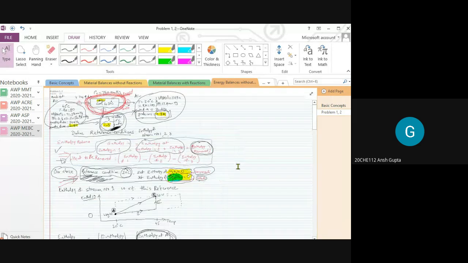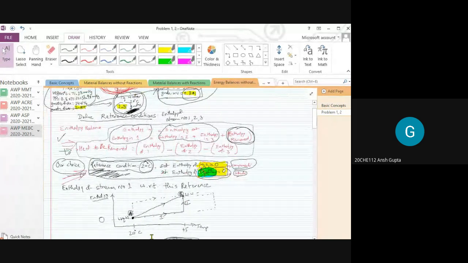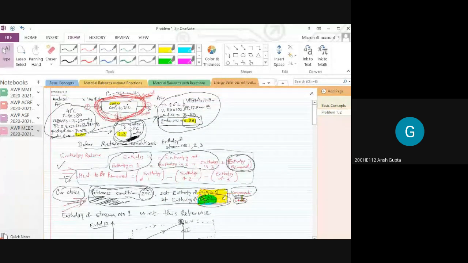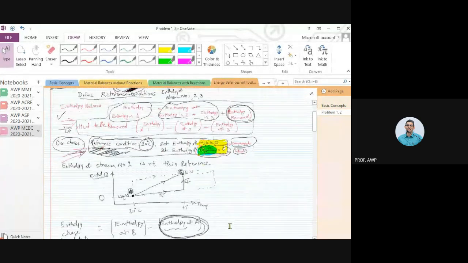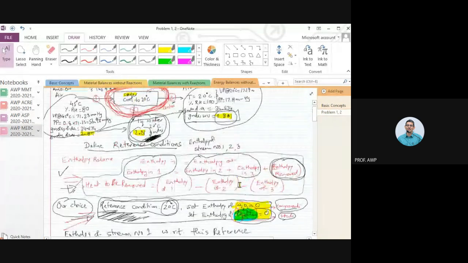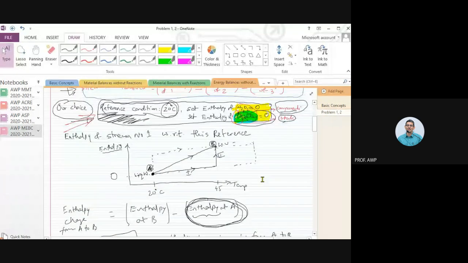But if I use the method of dew point, then I'll have to calculate lambda at the dew point, right? You can use any method you like, as long as you are consistent, as long as you draw this enthalpy versus temperature chart and think about what is going from where to where at what condition.